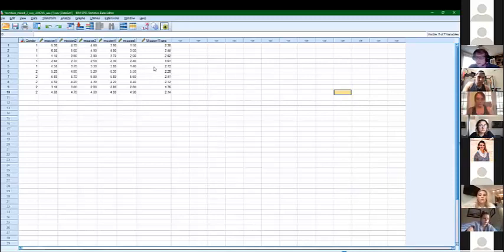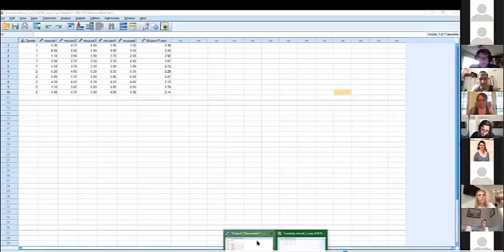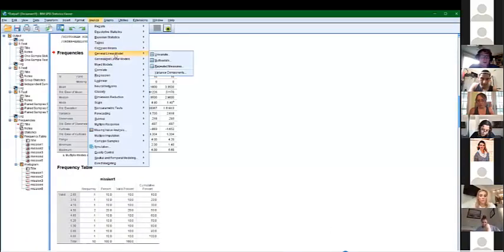So it's a 2 by 5 ANOVA with repeated measures, where that 5 variable is time with 5 different levels of 5 different missions. So in thinking about that, we can then go here, general linear model, repeated measures, because we know we have repeated measures.